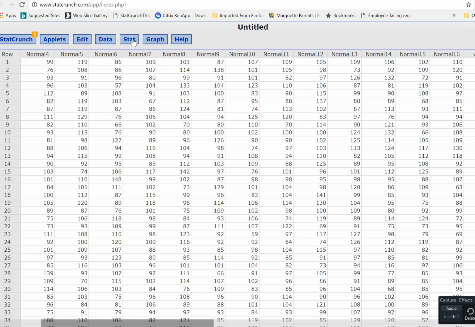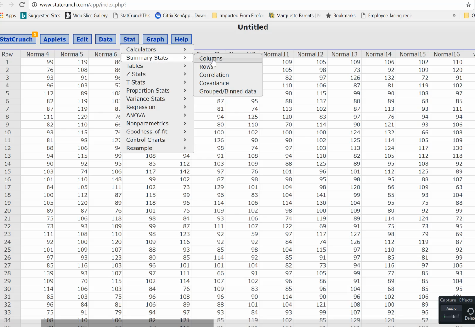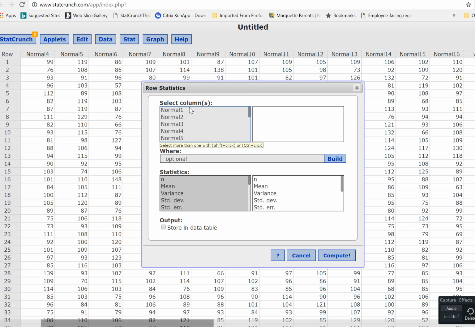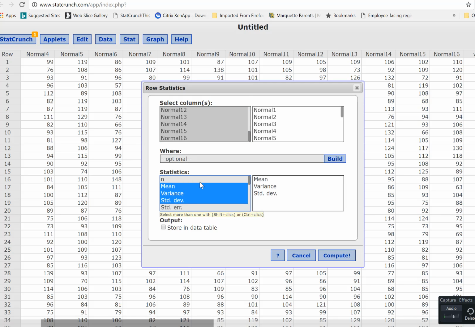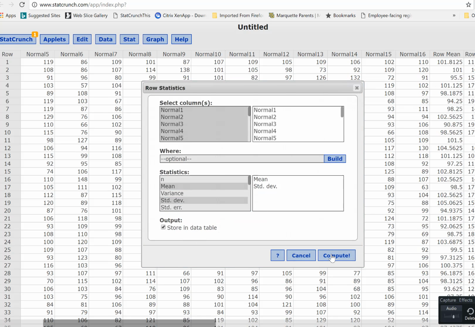For each sample, remember what I did is I computed a row mean and a row standard deviation, and I stored that in the data table.